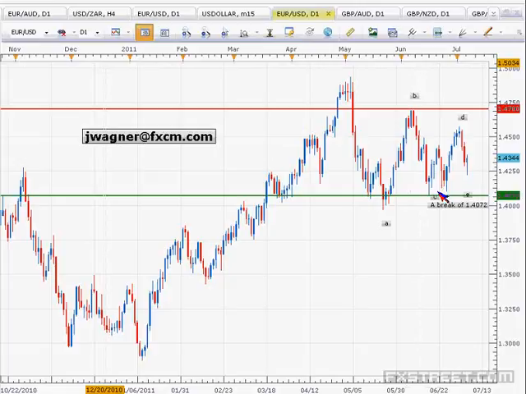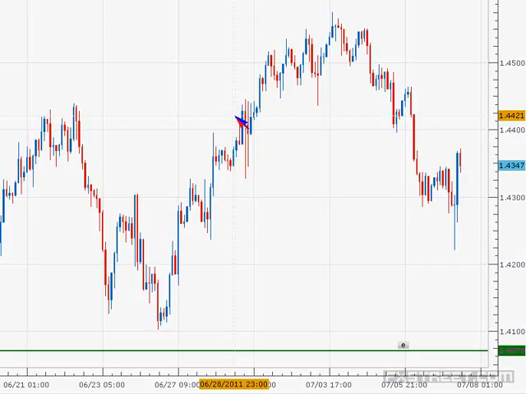Now, what I would do in this case on placing a stop is dial down to a smaller time frame chart, like a 1 hour or a 2 hour chart. Here we are with a 2 hour chart. Here's my green line down below here. As prices come down to approach the green line, I'm going to place a stop just above a swing high.